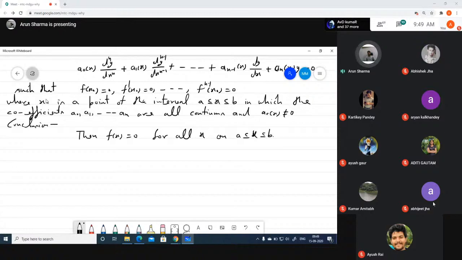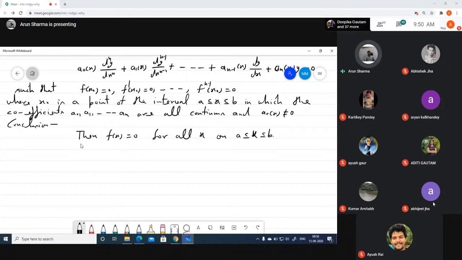If f and its derivatives are 0 at one point x naught, then f is 0 everywhere, because this x naught must be a point in between a and b.